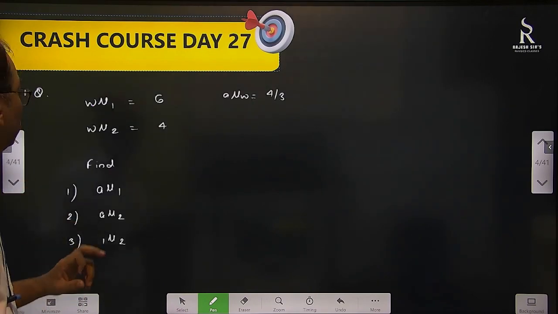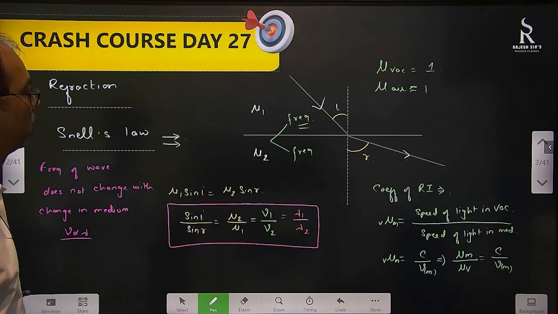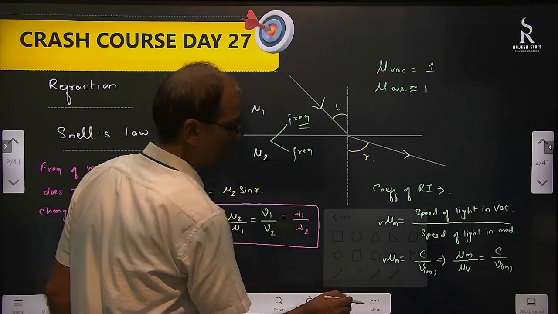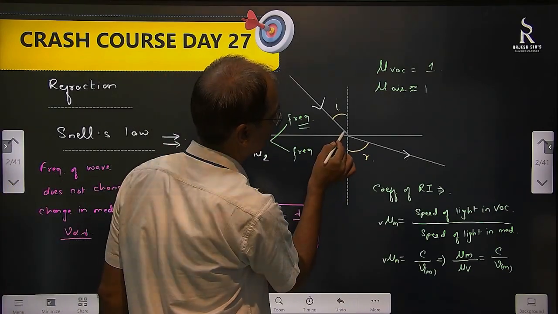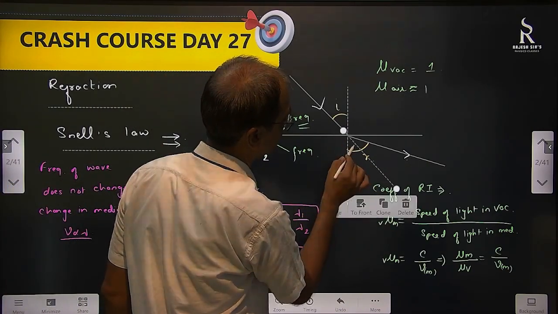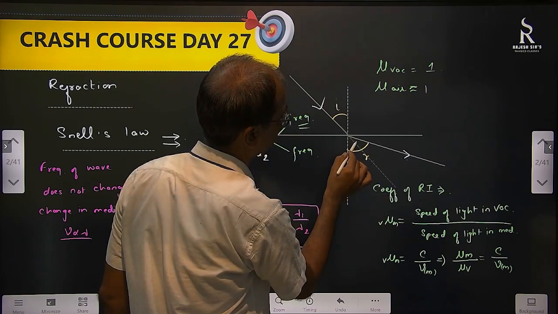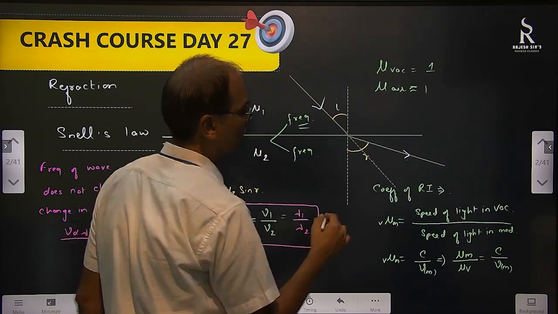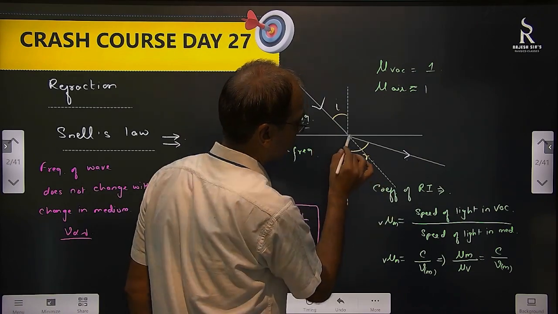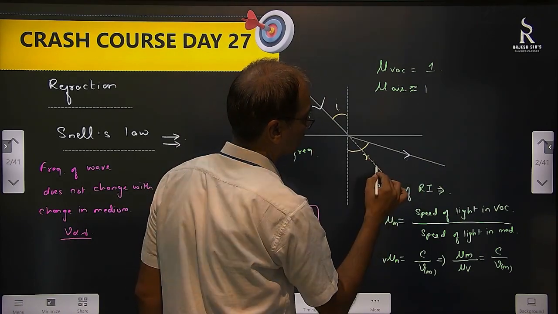What about deviation now? You can see the deviation here. This is how the ray is coming. It was coming like this, but because of refraction it went like this. So this is delta.